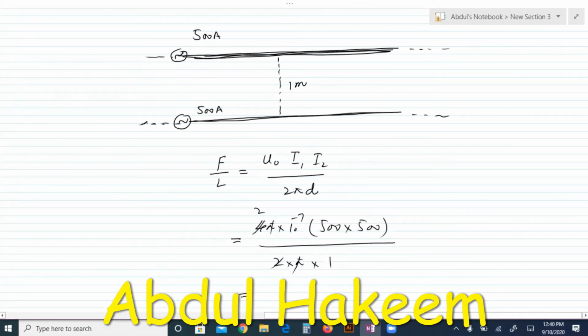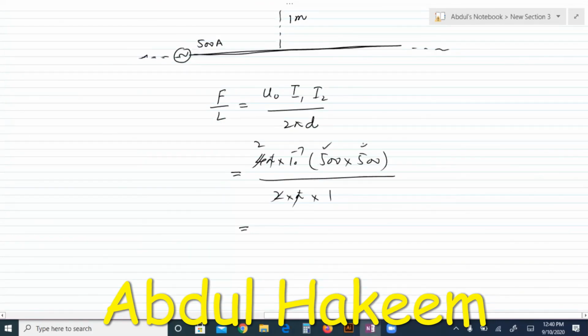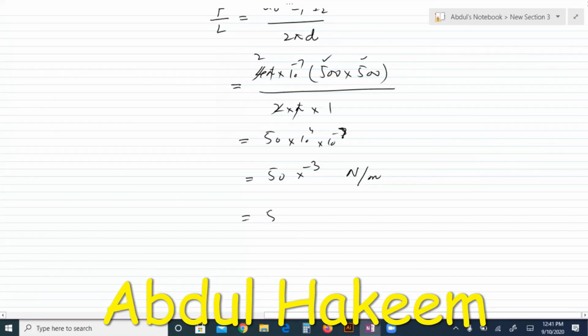So it becomes 5 times 5, 25, multiplied by 2, 50, with 10⁴ and 10⁻⁷, so it is now 10⁻³ Newton per meter. So it is 50 millinewton force per unit length.